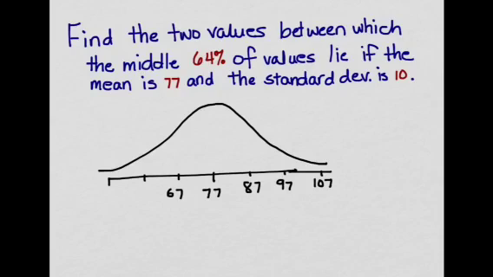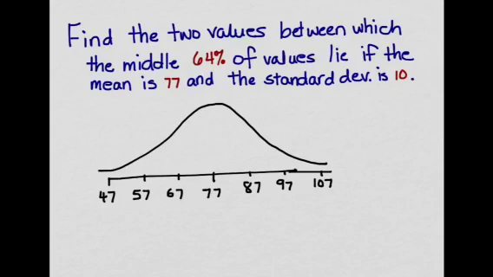So I'm marking off my standard deviations. Okay, so we want to know between which two values the middle 64% of values lie. And I'd have to estimate at this point the 64%. I don't know precisely, but let's see.